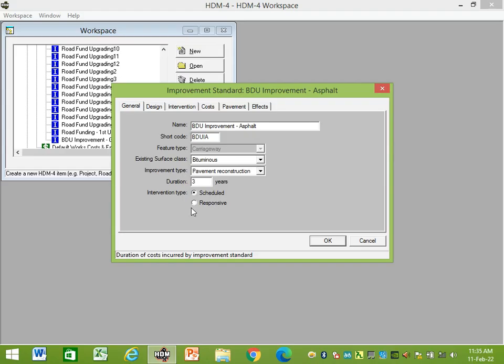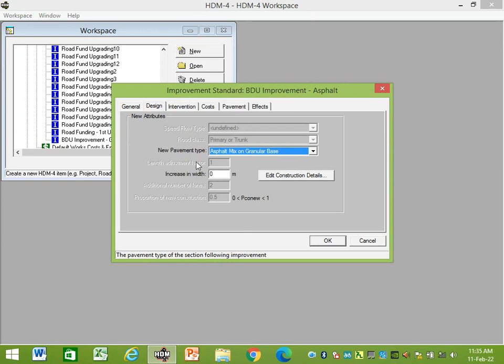Okay, you enter this one, and then you go to design. Asphalt mix on granular base. You can make it asphalt mix on asphalt base. Increase in width.